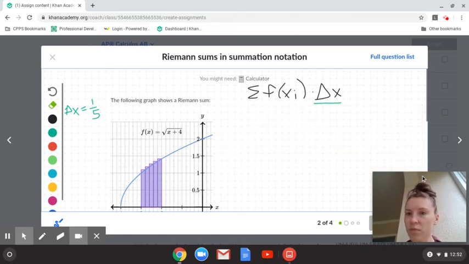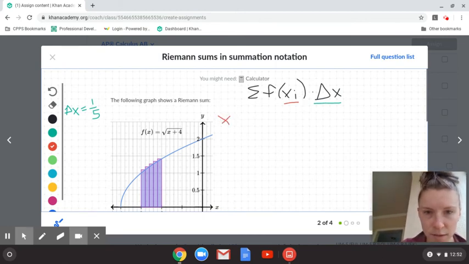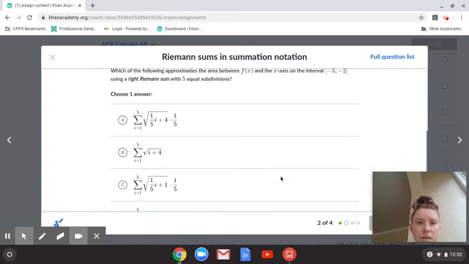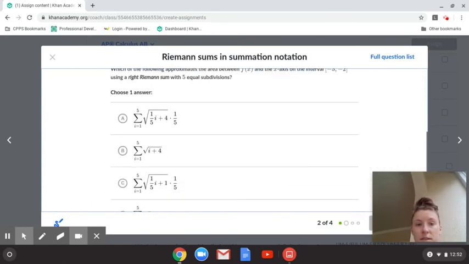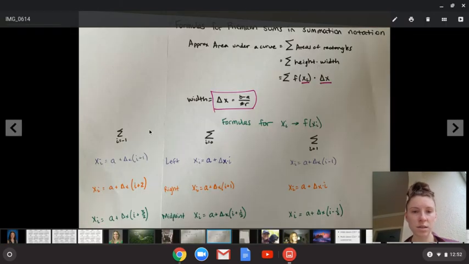Cool. All right, let's find our x sub I. So we're working with the right Riemann sum and starting with I equals 1. So I'm going to go over to my formulas. I equals 1. Our right Riemann sum is this guy right here. So it's kind of the neutral.